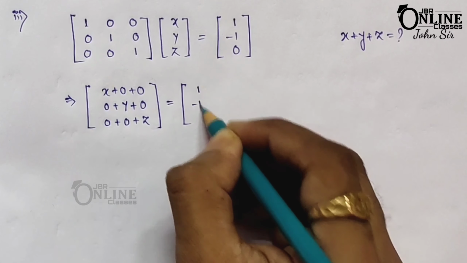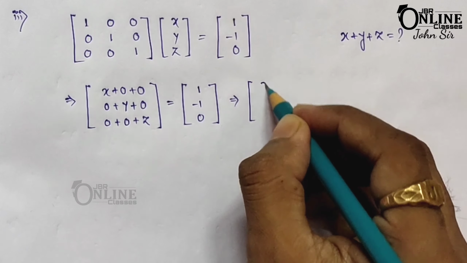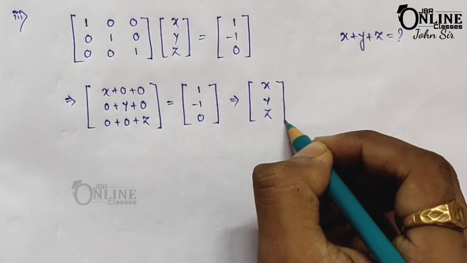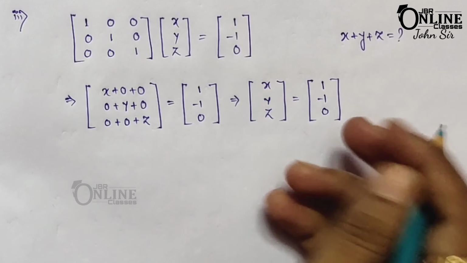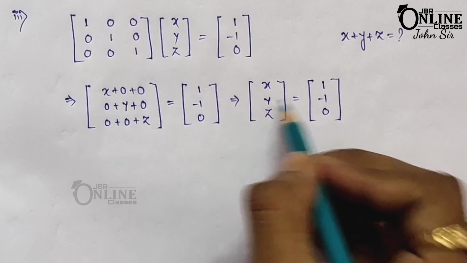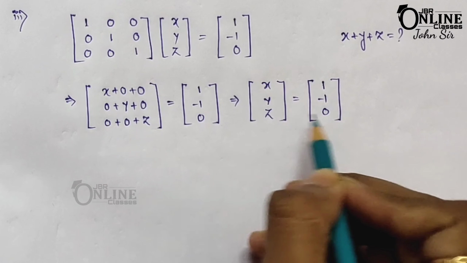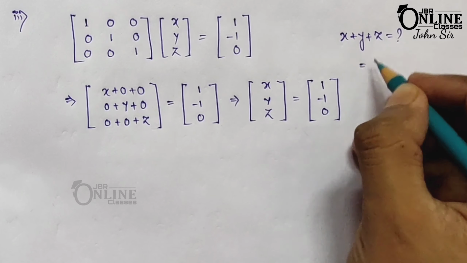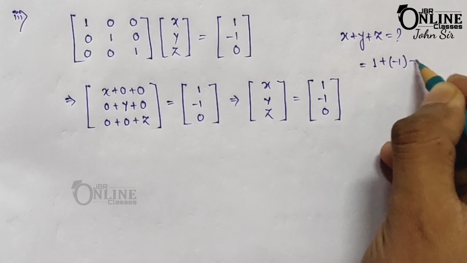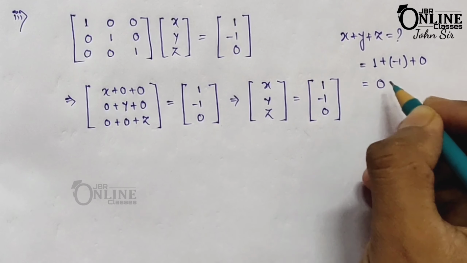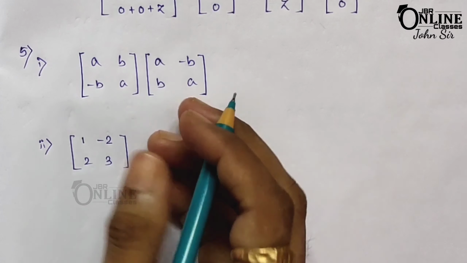So now in the left hand side you have x, y and z. In the right hand side you have 1, minus 1, 0. That means whenever you compare these two matrices, you will get x equal to 1, y equal to minus 1 and z equal to 0. Then x plus y plus z will be 1 plus minus 1 plus 0, and that equals 0 as your answer.